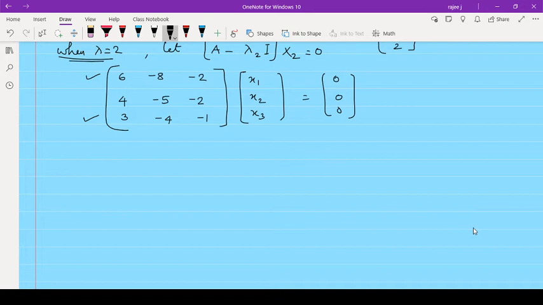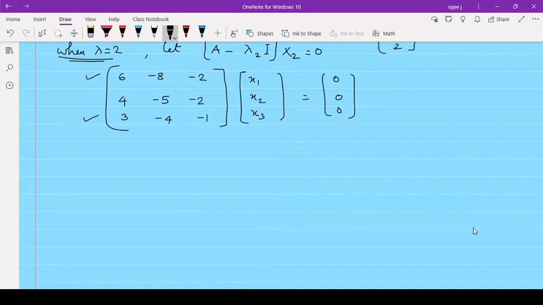Here also 3, minus 4, minus 1. So you will not be able to get independent equations, and if at all you get the equation, it is difficult to get the solution. That is the reason why we find the rank.